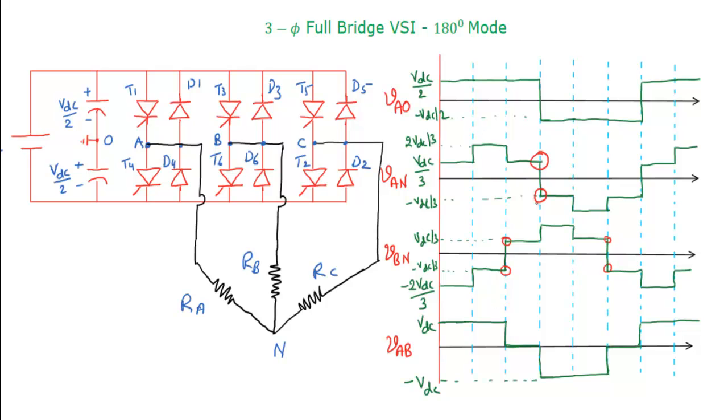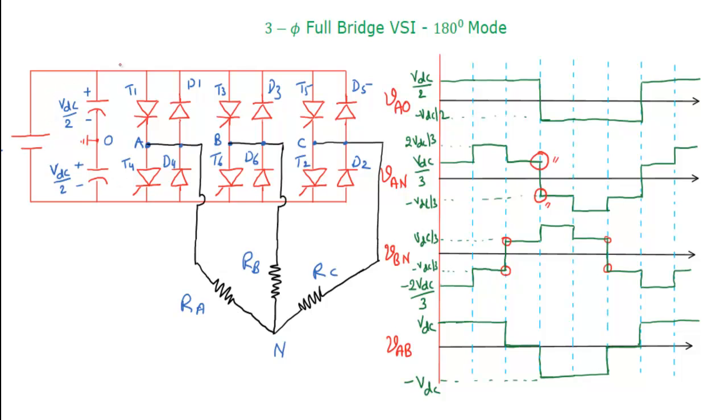Now here you can see we turn off the thyristor T1 and immediately turn on thyristor T4. If everything is ideal, T1 will be turned off once you start the commutation and T4 will turn on immediately, with no problem. But generally, if there is a small delay, if turning off T1 takes a little time and T4 is turned on, then both are in conduction and you will have a short circuit.